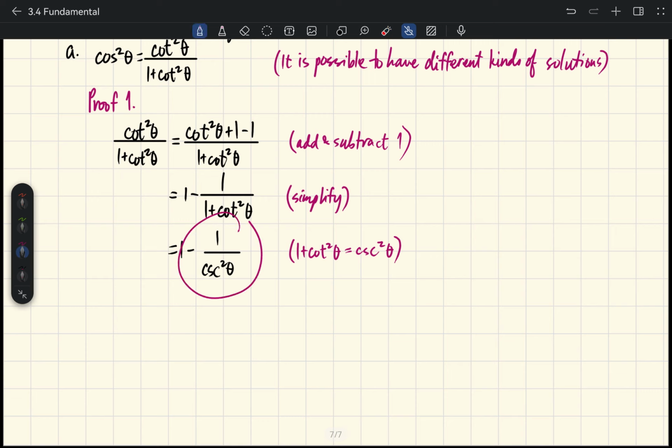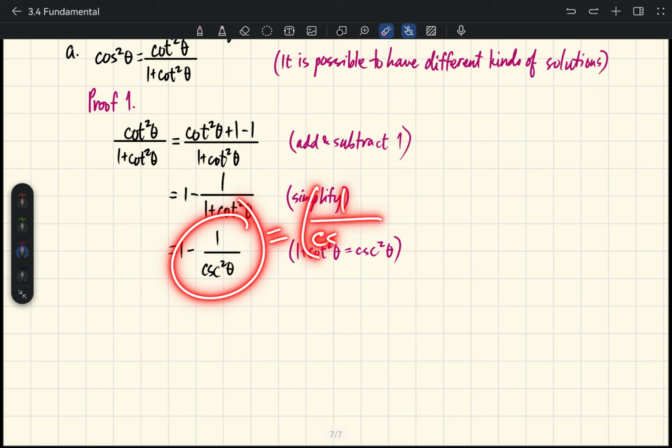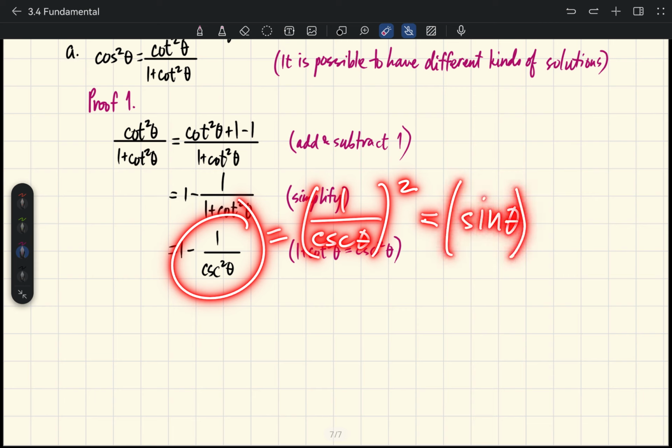But what's this one right here? This one right here is just 1 over cosecant theta raised to 2. And the one inside, 1 over cosecant theta, is just sine theta, since sine and cosecant are just reciprocals of each other.